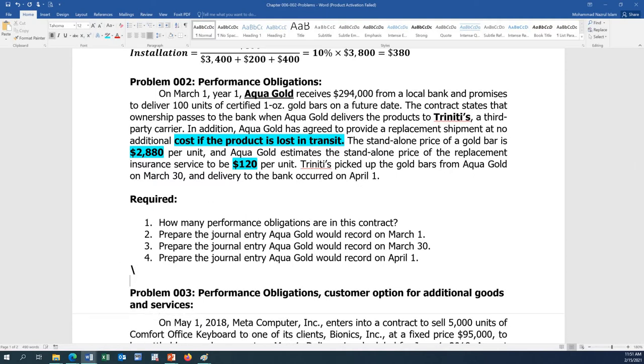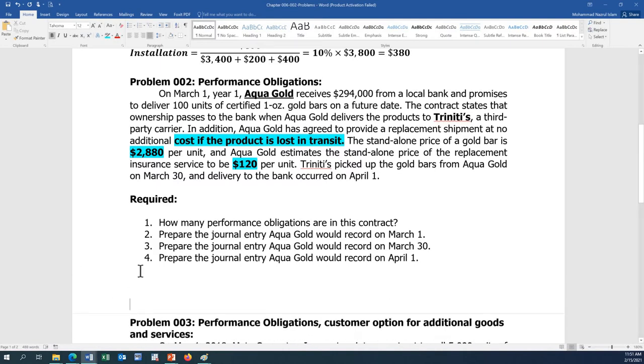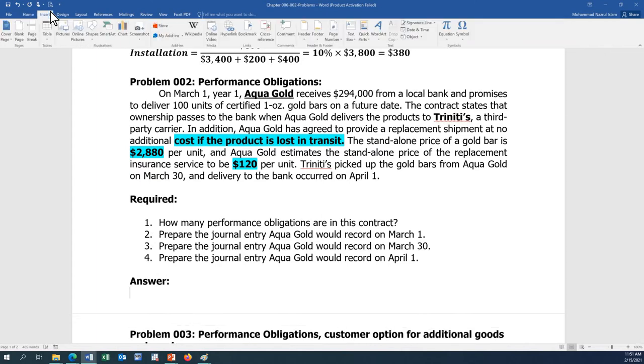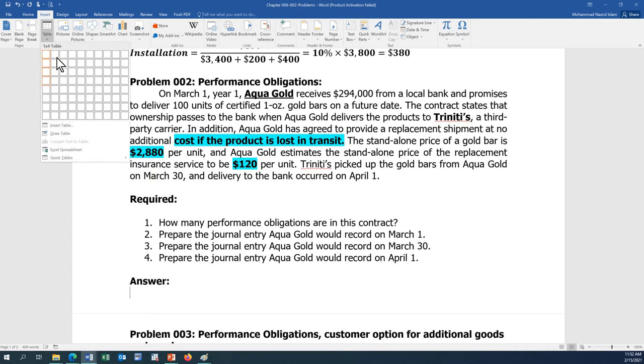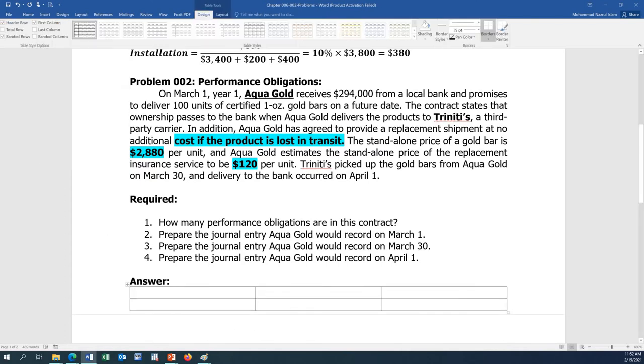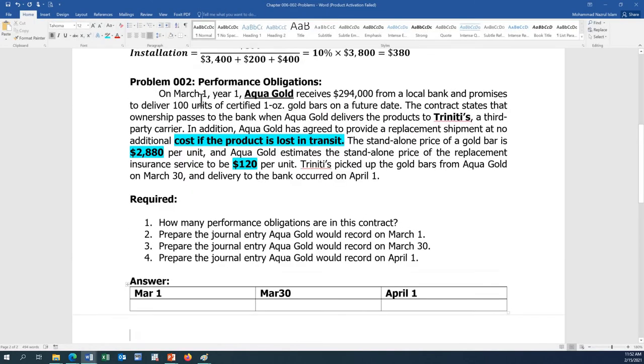So, first, let's have a time chart. We have three different dates: March 1, then March 30 and April 1st. On March 1st, Aqua Gold receives money.